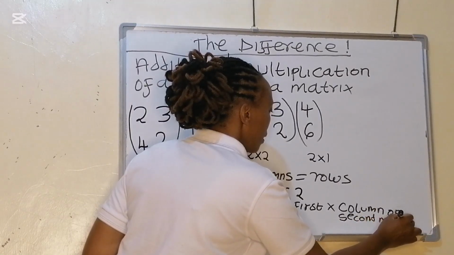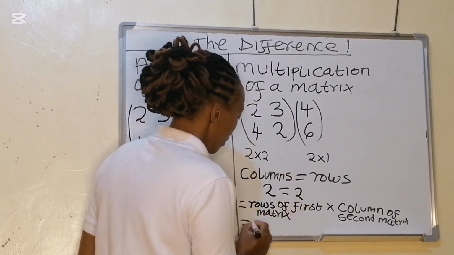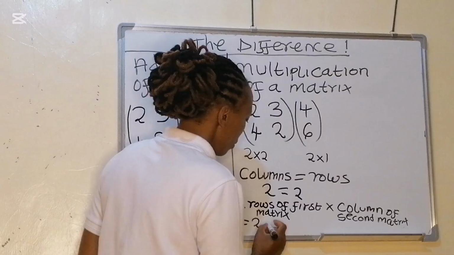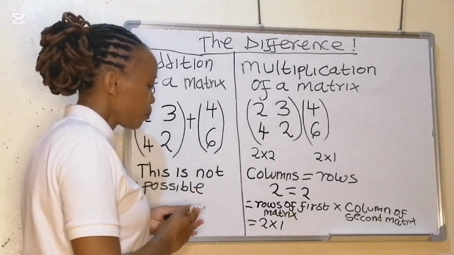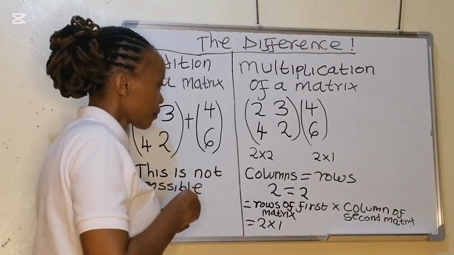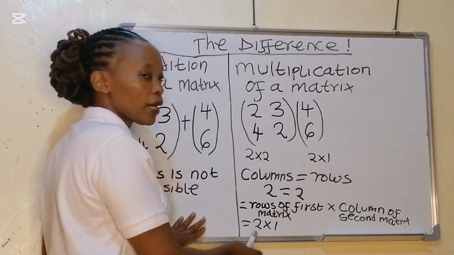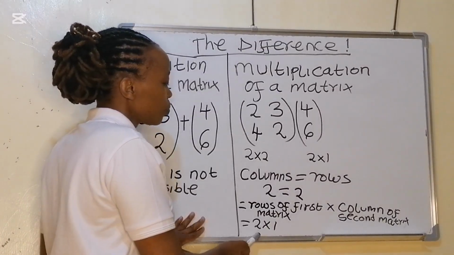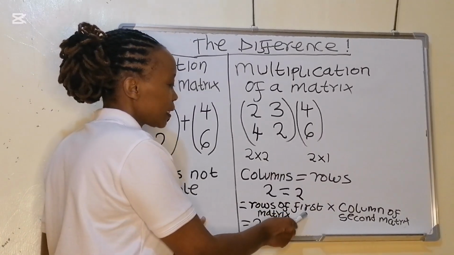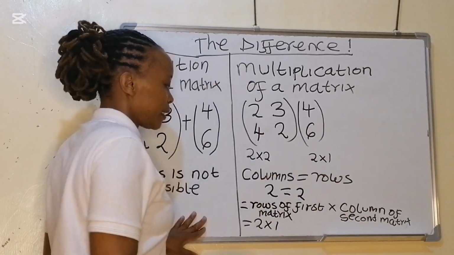So what's the name of the matrix? Now it is 2 what? 2 by 1. The name of our matrix, when we do multiplication of these two matrices, we will get 2 by 1. Why? Our result must be equal to rows of the first matrix by column of the second matrix.